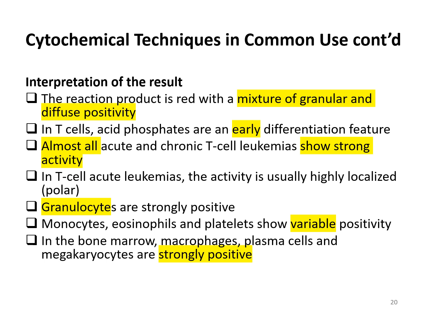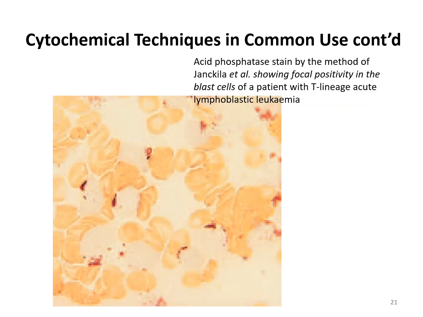So this is what we expect to see when we use acid phosphatase as a stain. This is the result. You see the red granules usually at the side of the cytoplasm. Those cells that we see here are blast cells of T lineage.